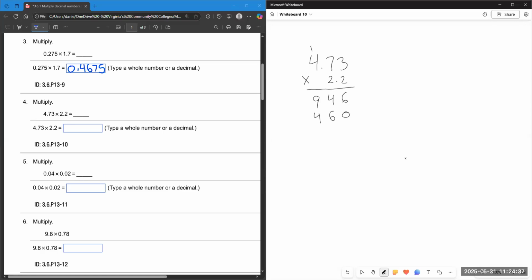And that's 9 again. So that's 6, 10, 14, 10. And we have 3 decimal places. So 10 and 406 thousandths.